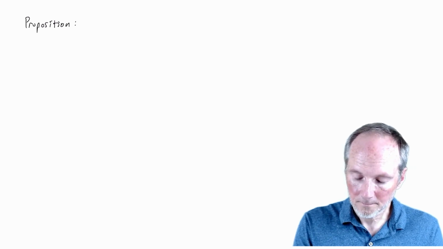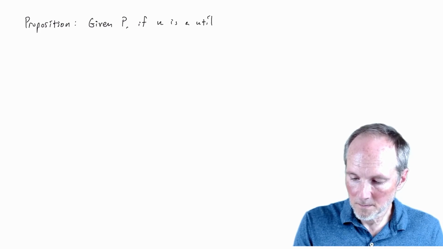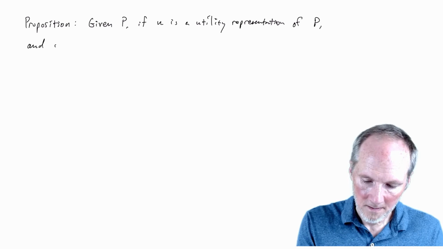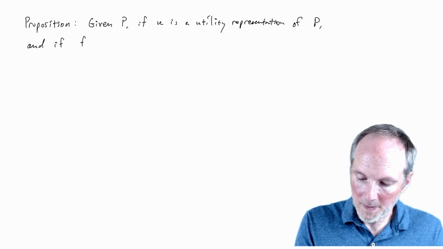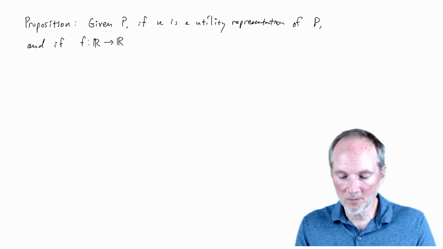So given any strict preference relation P, if U is a utility representation of P, and if f is an increasing function, and here I can be a little bit more general, but I'm just assuming that f is defined on the whole real line, let's say.